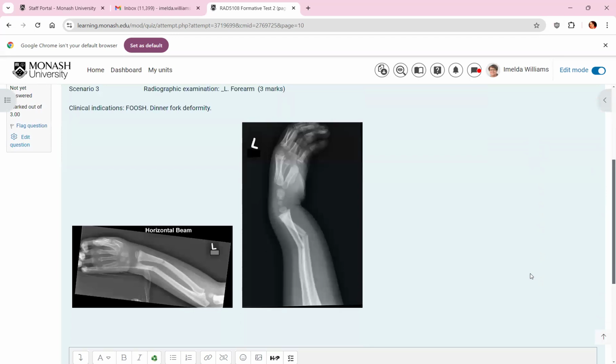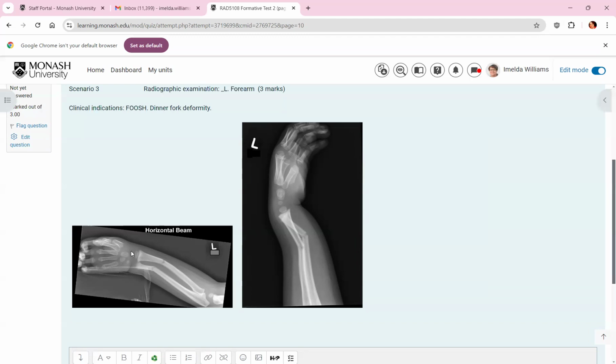The third scenario is that of a forearm of a patient who had a fall onto an outstretched hand and now has a dinner fork appearance. So it's quite evident that we have fractures of both the radius as well as the ulna. But on the lateral view, we can also see that there's some angulation at the fracture points for both the radius and the ulna.